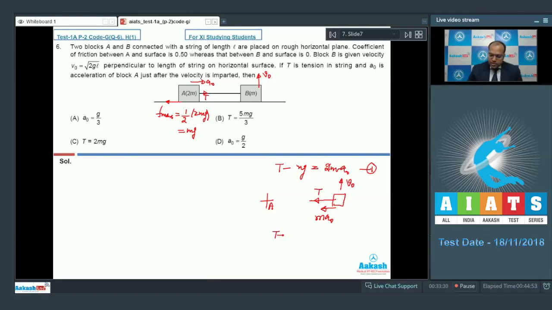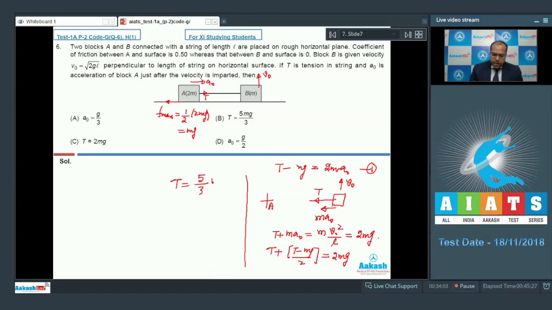So I can write T plus m a0, the net force toward the center, equal to m V0 square by L, and V0 square by L is equal to 2g, so it is equal to 2mg. Substituting the value of m a0, T plus (T minus mg) by 2 is equal to 2mg. If I solve this equation for T, the value of T comes out to be 5 by 3 mg, and solving further for a0 gives g by 3.